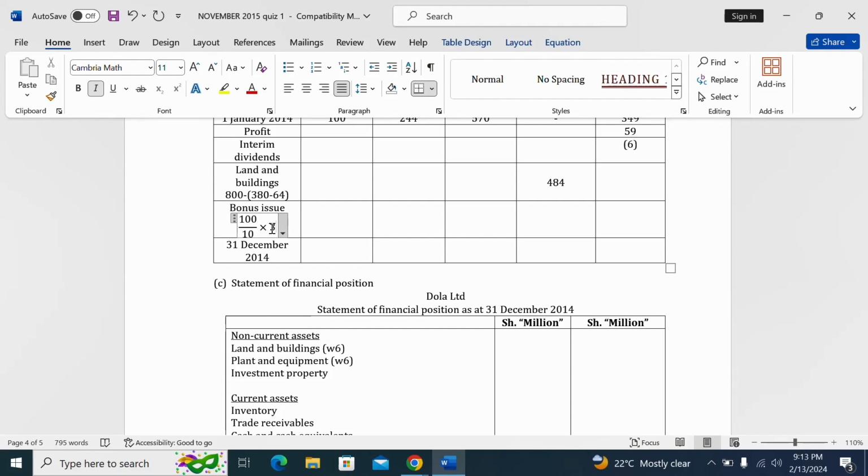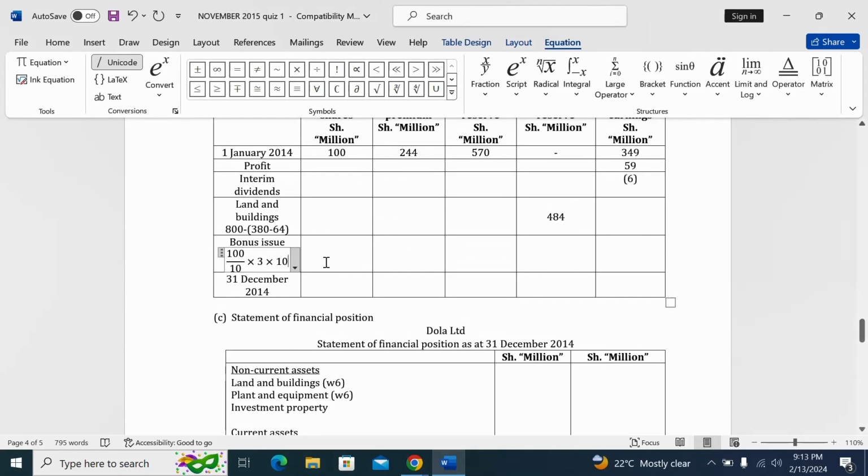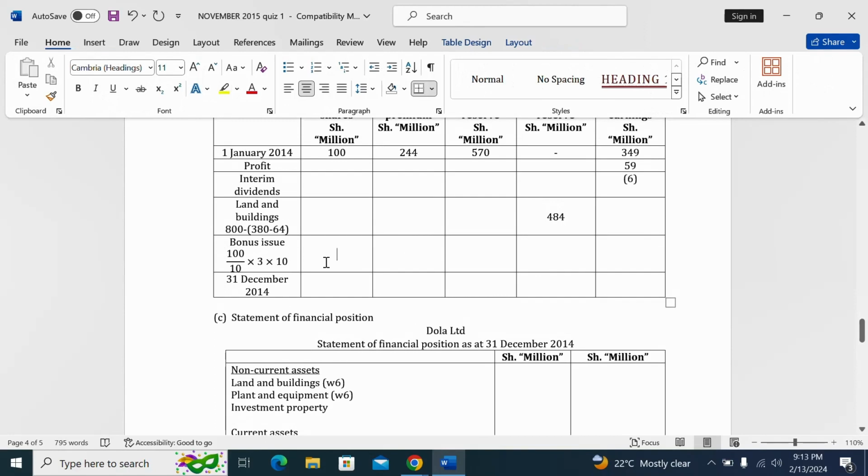These bonus shares were issued at a par value of 10, because the ordinary shares were also at a par value of 10. Therefore, you multiply by 10, and you get 300.